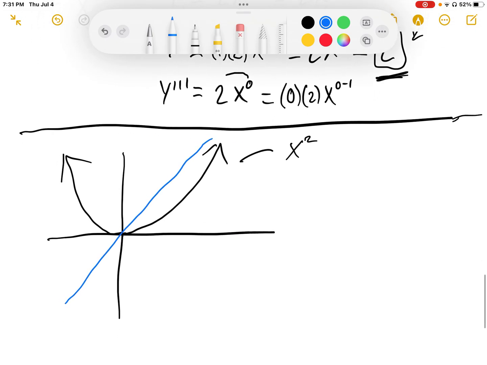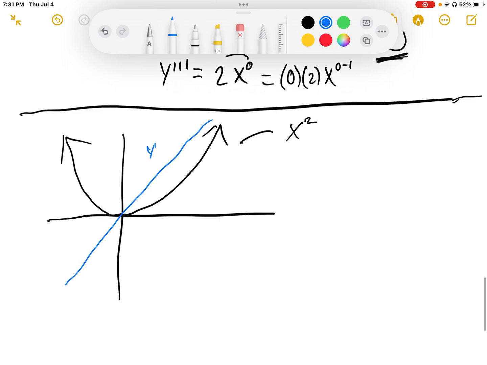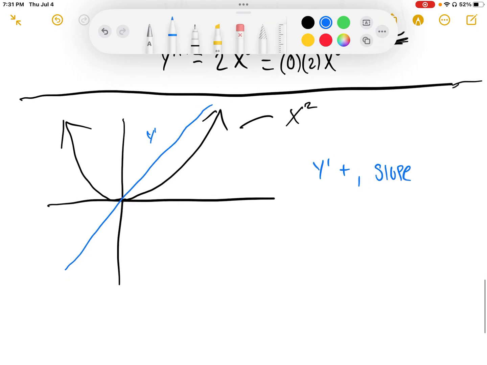So what this tells us is anywhere where y prime is positive, that means slope is increasing. So throughout this time on this line, for example, our slope looks like that, but over here it's bigger and it continues to grow steeper and steeper as we're going up.